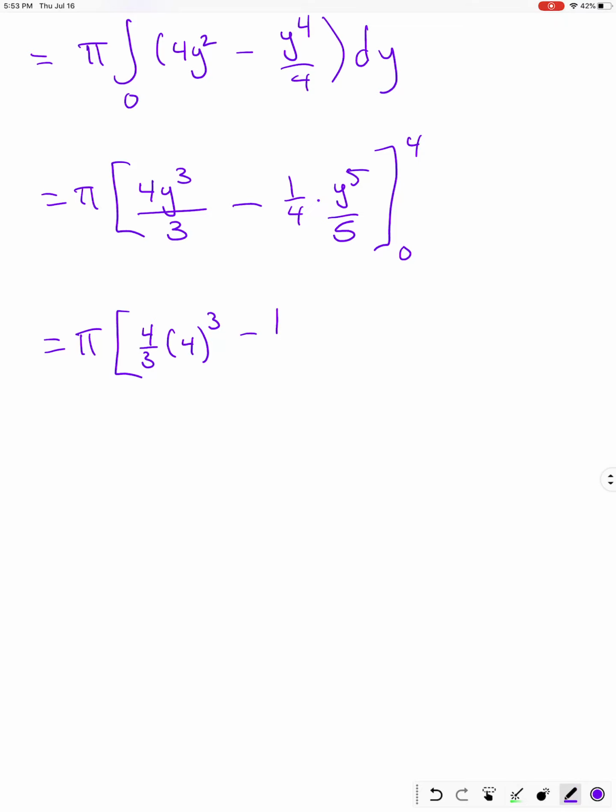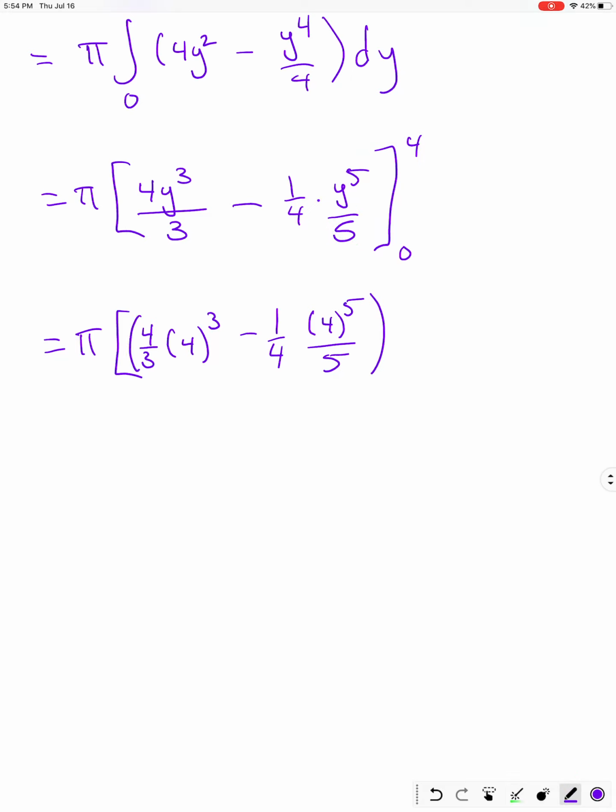And then minus, from the problem, 1/4 times 4 to the 5th divided by 5. So I take this 4 and put it there, and then still dividing by 5.